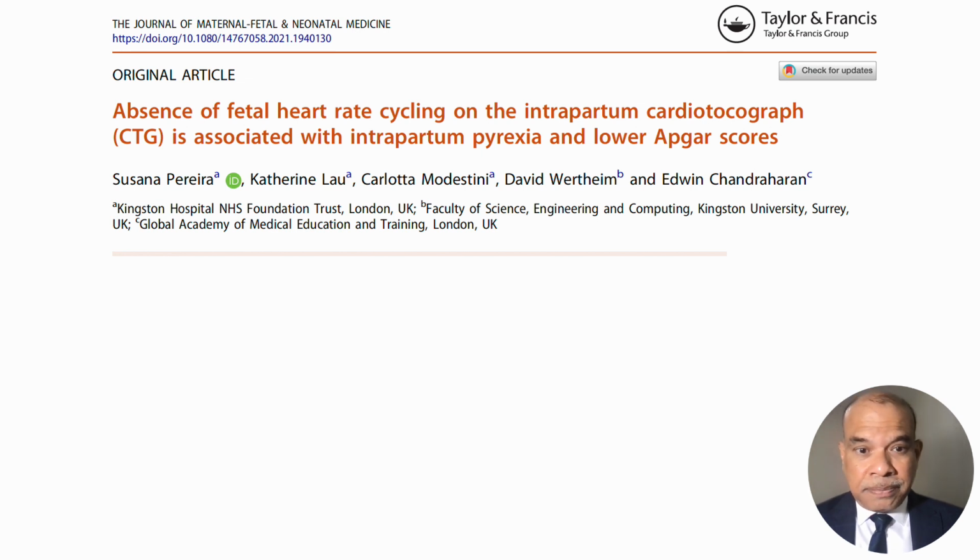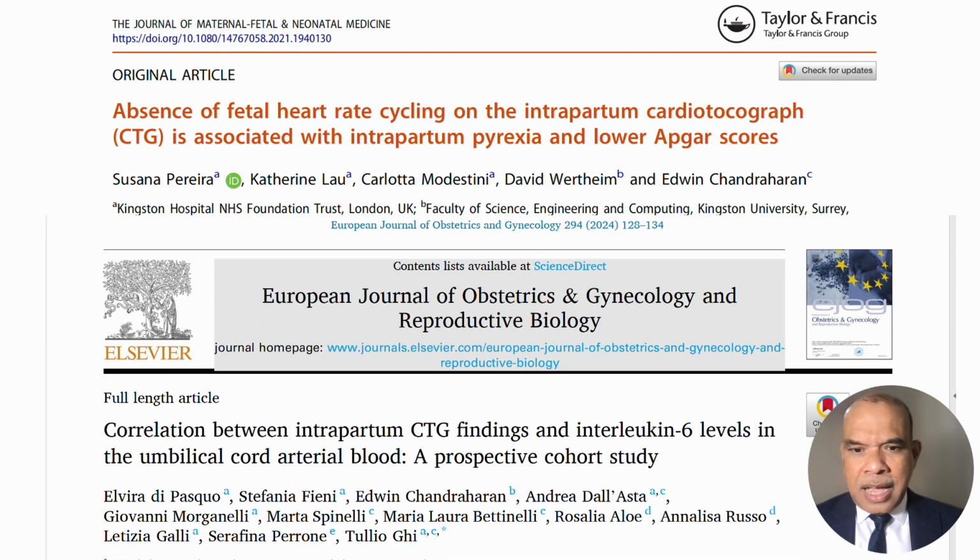And then with Susanna, we were able to show that absence of cycling is a very important feature associated with maternal pyrexia. And more recently, with Tullio Giesrup and Elvira as the first author, we were able to show that if you have features suggestive of fetal inflammation, or SOFI, there is a 4-fold increase in the levels of interleukin 6 in the umbilical arteries at the time of birth.